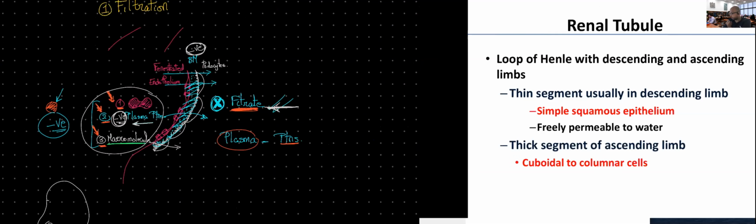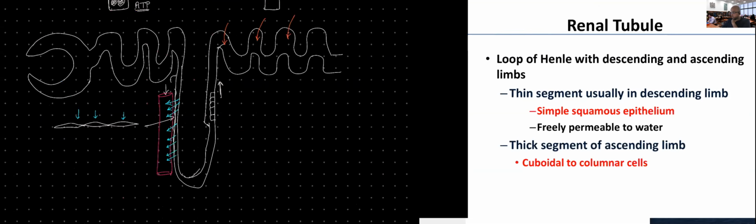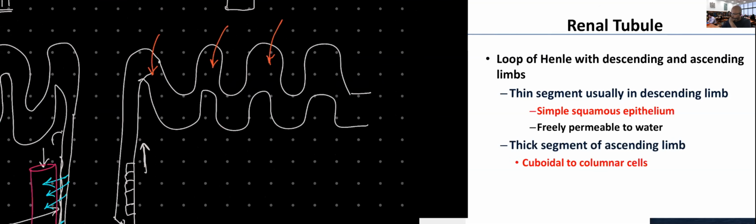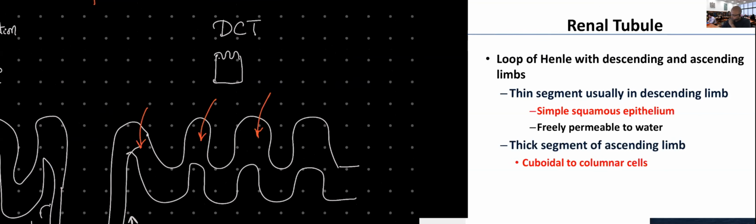No, right? So what you're going to do with it, you're going to simply throw it away. Mainly, what part is going to be more concerned with secretion? It's going to be my distal convoluted tubules.